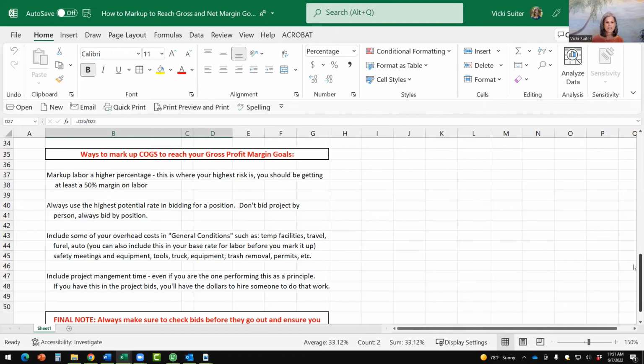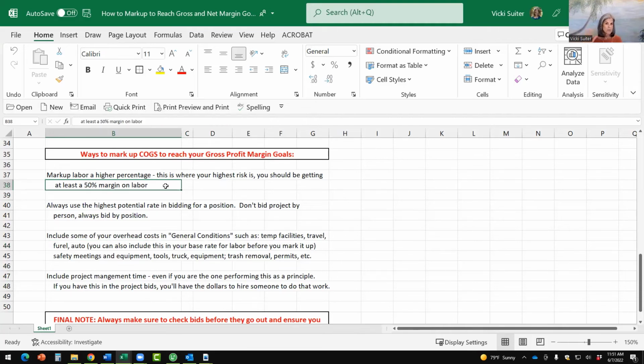Some other ideas is include some of your overhead costs and general conditions. So some ideas here are things like tent facilities, travel, fuel, auto. You can also include some of those costs in with your labor cost as your base cost for labor. So you might just start with that and then maybe mark up labor with a 50% margin, which is one of my suggestions up here.